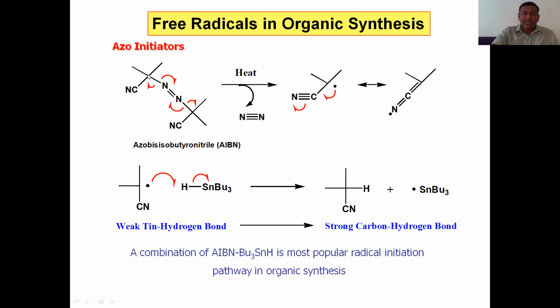See, this is azo bis, two nitrogens are there, and isobutyronitrile. So 4 carbons, including cyanide, right? And the cyanide we have to call nitrile. And when there is a fission, a nitrogen molecule goes out, and there will be formation of this type of radical, which is interconvertible.